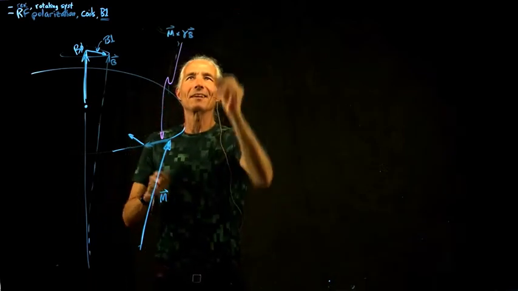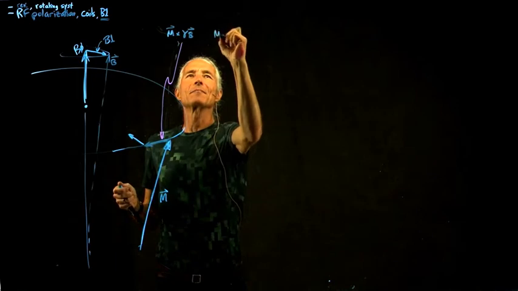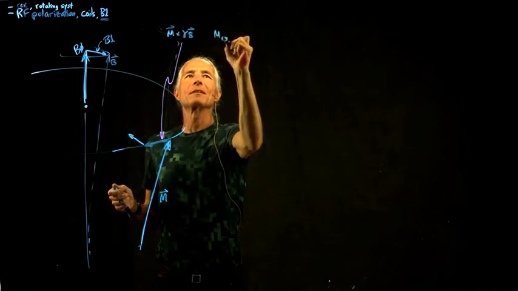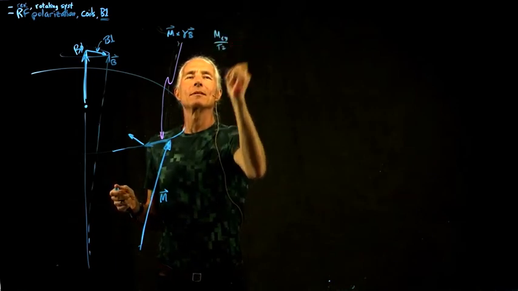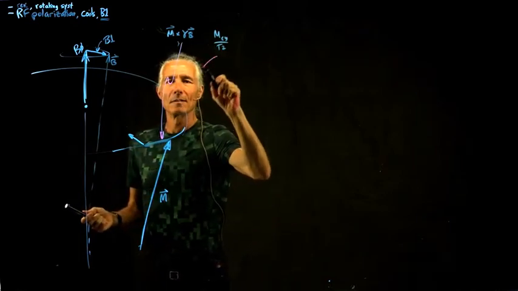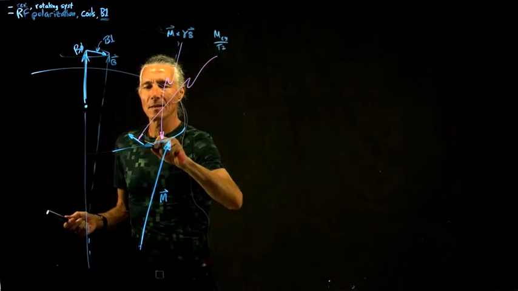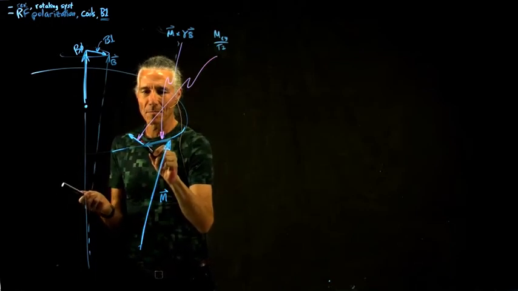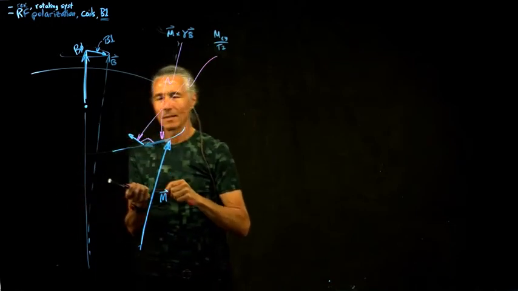So that was the M_XY over T2 part, and that was perpendicular.